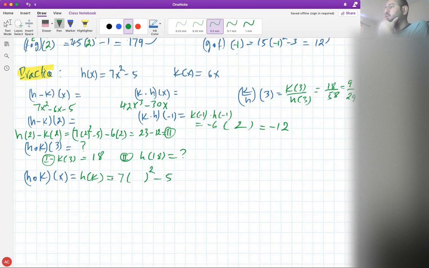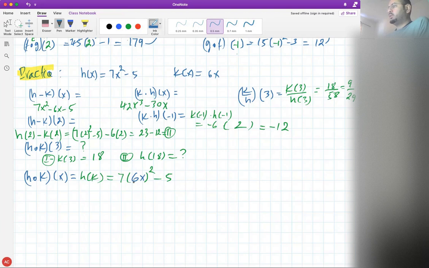Okay, so this is h. Now, what goes inside the parentheses? K, which is 6x. Okay, 6x. That's it. So that's the composition.